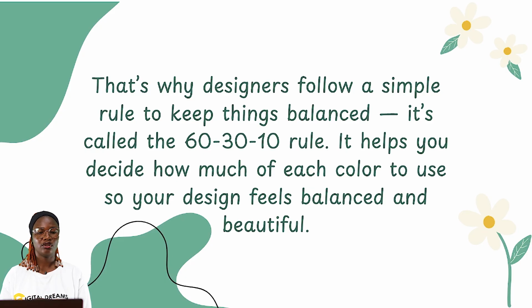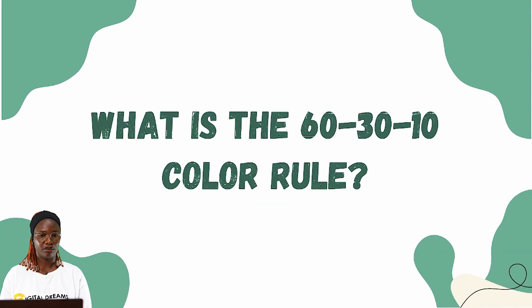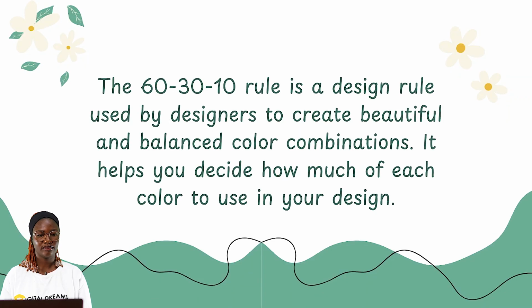All right, and it helps you decide how much of each color to use so your design feels balanced and beautiful. So let's get to understand what the 60-30-10 color rule means. It is a design rule used by designers to create beautiful and balanced color combinations. It helps you decide how much of each color to use in your design.